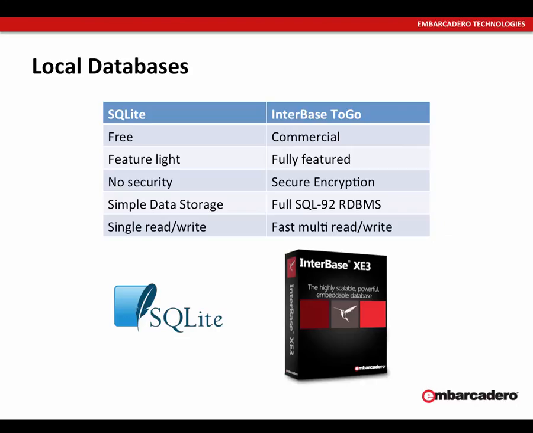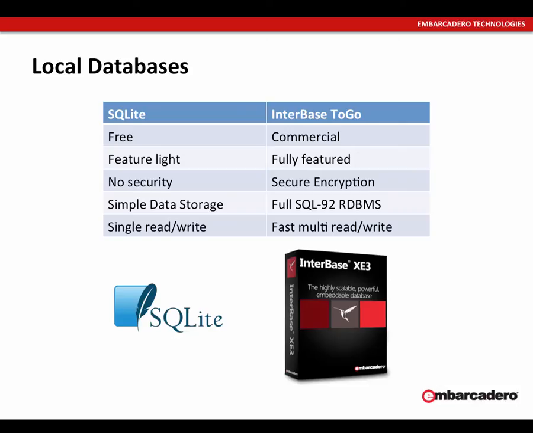So let's look at the database choices that we really have on iOS. The most popular one is SQLite, because the drivers for that are installed and deployed with pretty much any mobile device out there, because it's a free database. It offers some lightweight storage on device. Basically, if you think of a flat file on steroids, you've got SQLite.